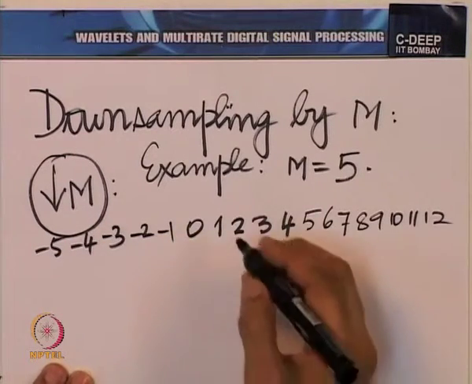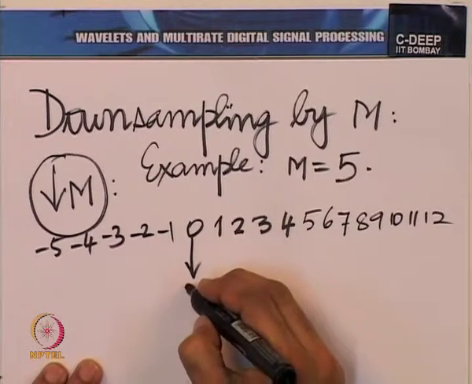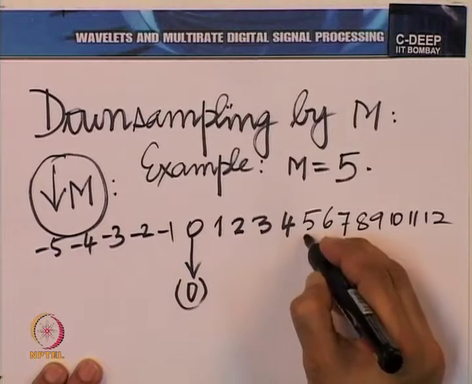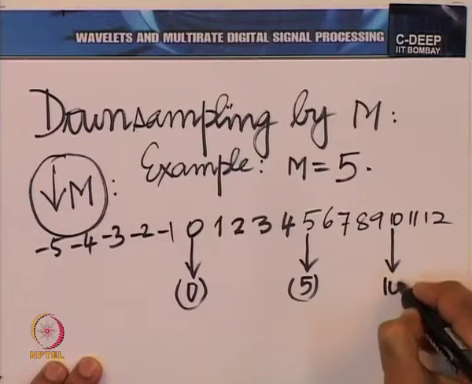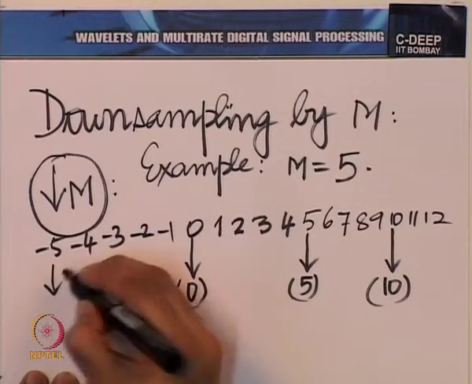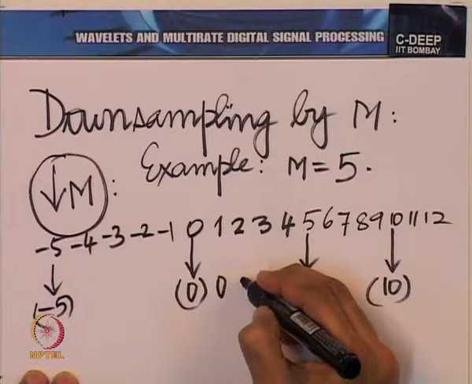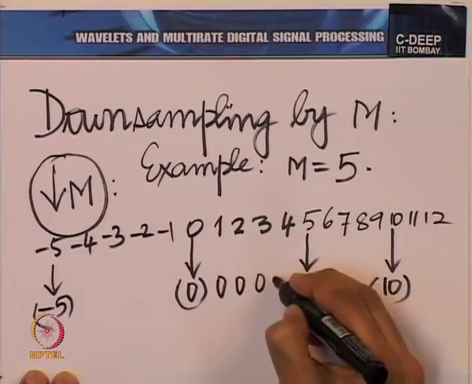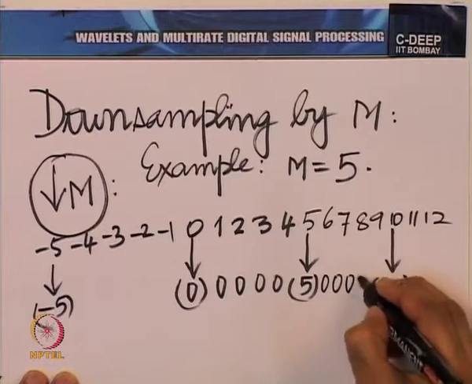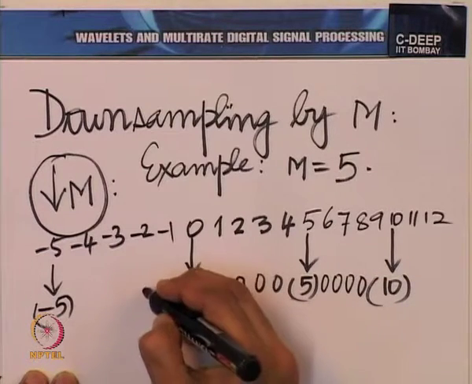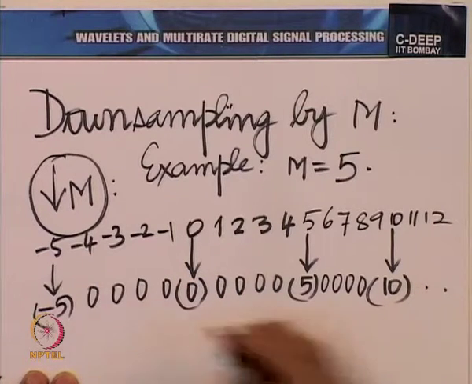What do we do in downsampling by a factor of 5? The first step is to kill some of the samples. The 0 sample is kept where it is, the 5 sample is kept where it is, the 10 sample is kept where it is, the -5 sample is kept where it is, but all the other samples, the 1 sample, 2 sample, 3 sample, 4 sample, the sample number 6, 7, 8, 9 are all reduced to 0. So, also -1, -2, -3, -4, all of these are reduced to 0.